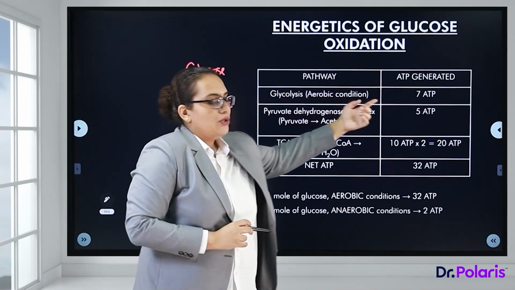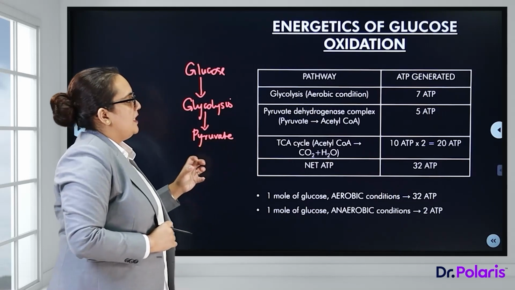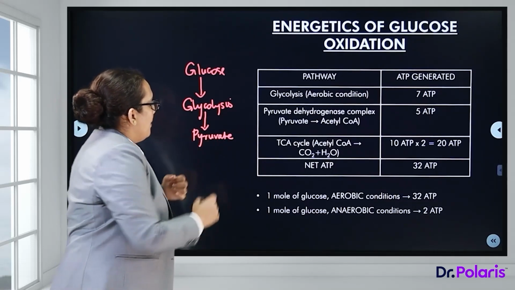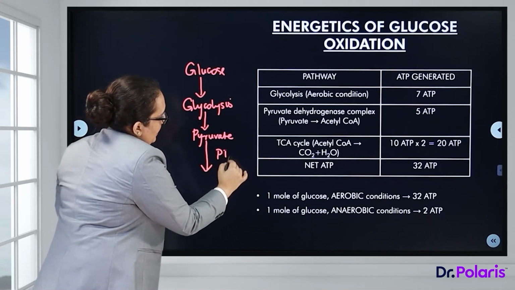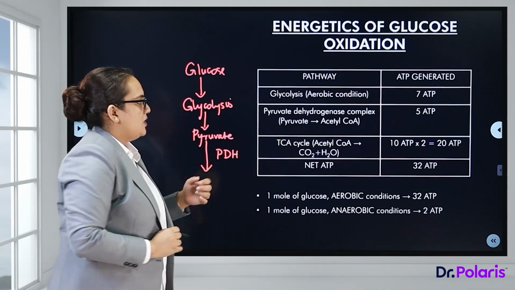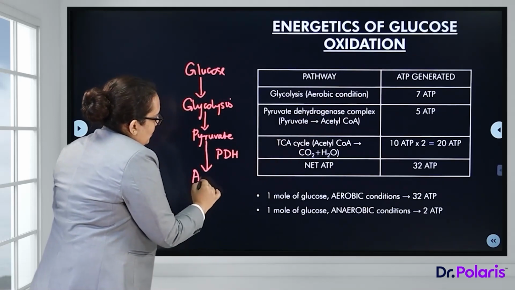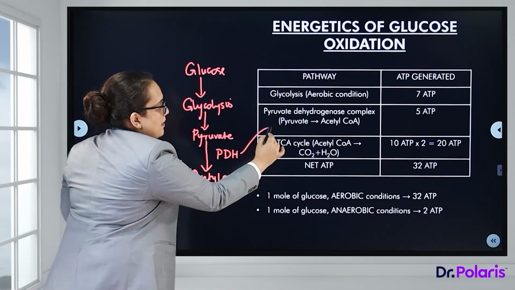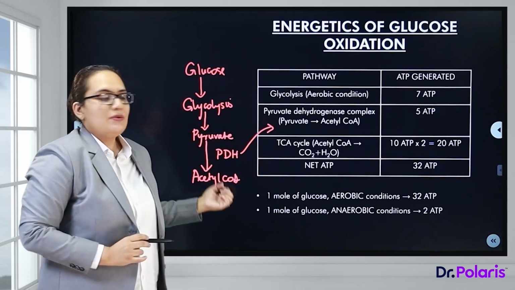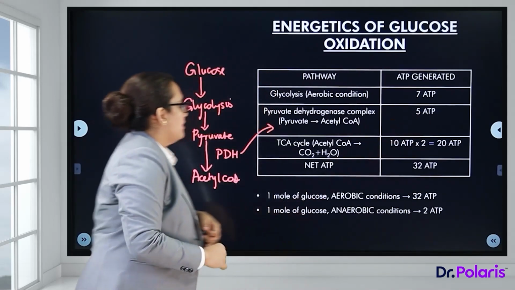During aerobic condition, you have 7 molecules of ATP generated. Then pyruvate undergoes oxidative decarboxylation by the enzyme pyruvate dehydrogenase, which I mentioned in the next step here, to give you acetyl-CoA. During this step, conversion of pyruvate to acetyl-CoA, you have 5 ATP generated.